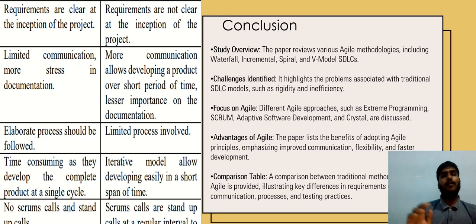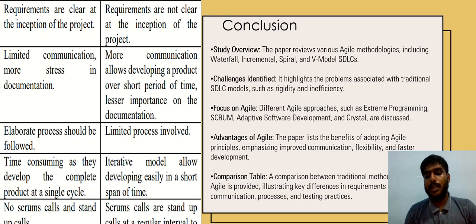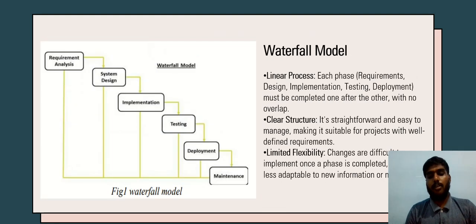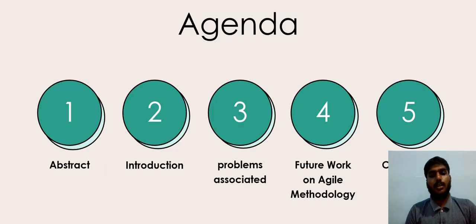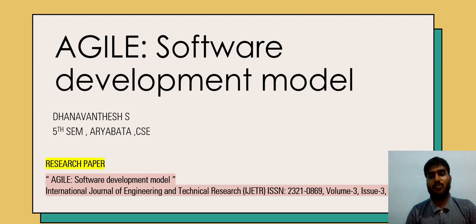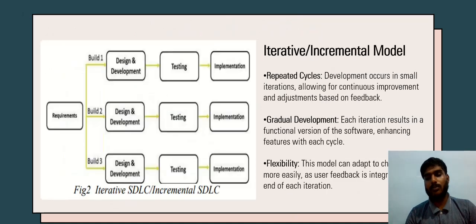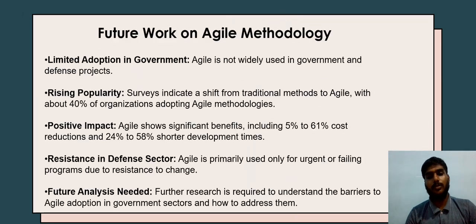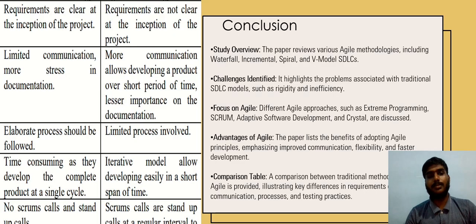This is what we have learned from this research paper, and we have covered all the things except this volume 3, issue 3, March 2015, and it has been covered right now. Let us finish this video and move to the next slide.